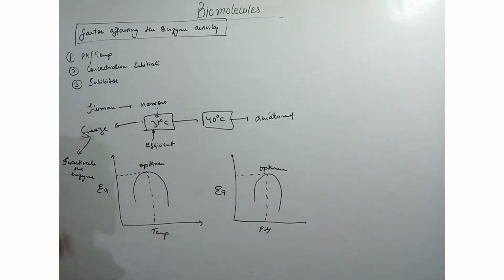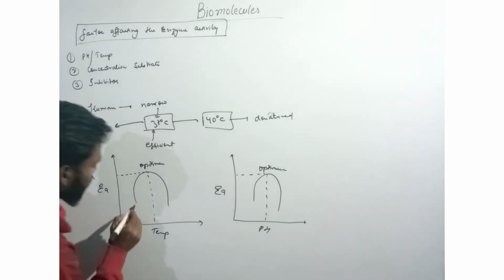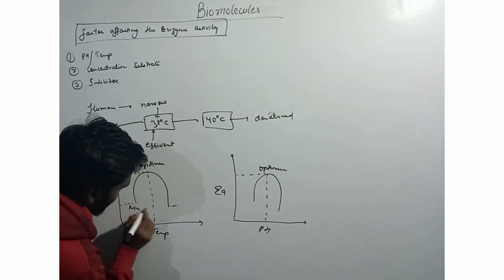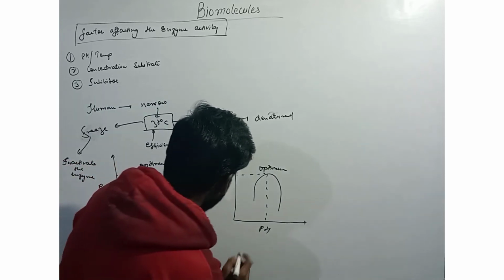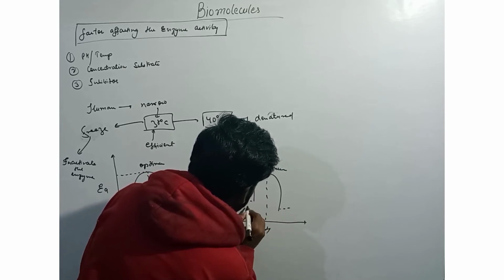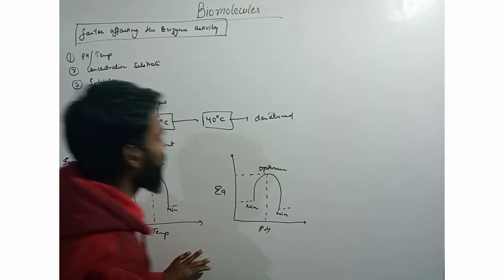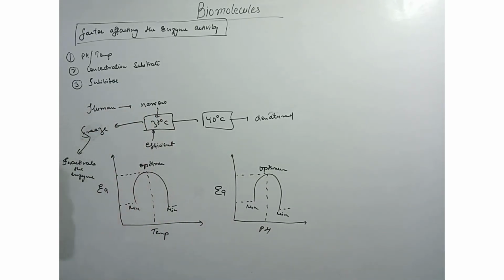In the extreme conditions, in both cases, when the temperature is very high or very low, the activity is minimum. Talking about temperature or pH, the activity is very minimum at the extremes, and at the optimum, that is in a narrow range, the activity is very high.